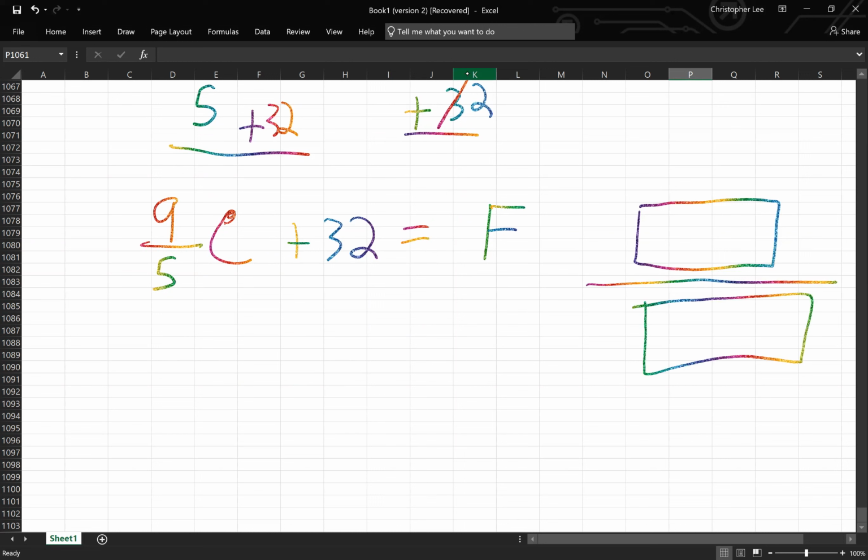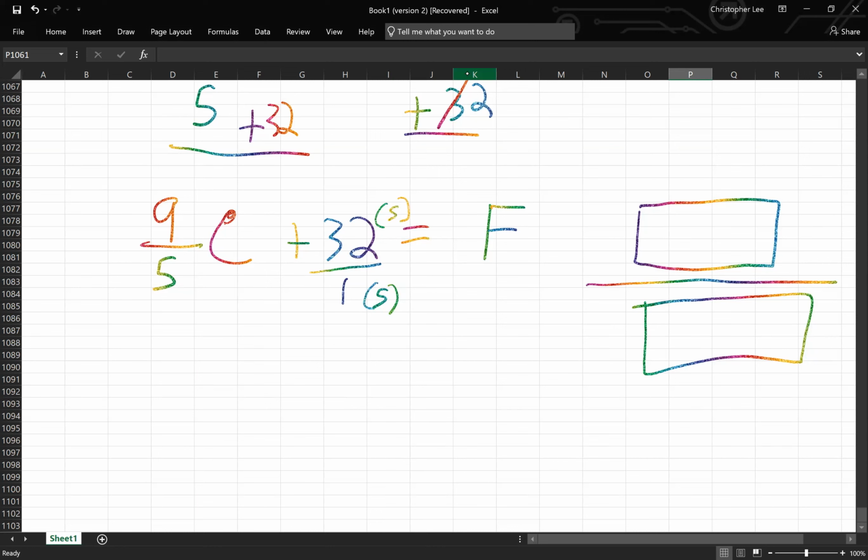Remember that this 32 is over 1. So in order to add these together, I would have to have the same denominator. Our LCD would be 5.